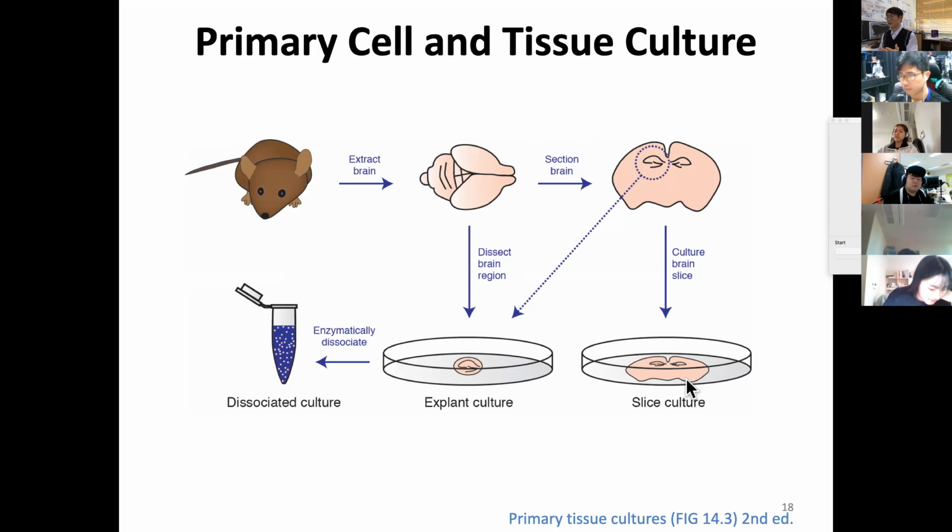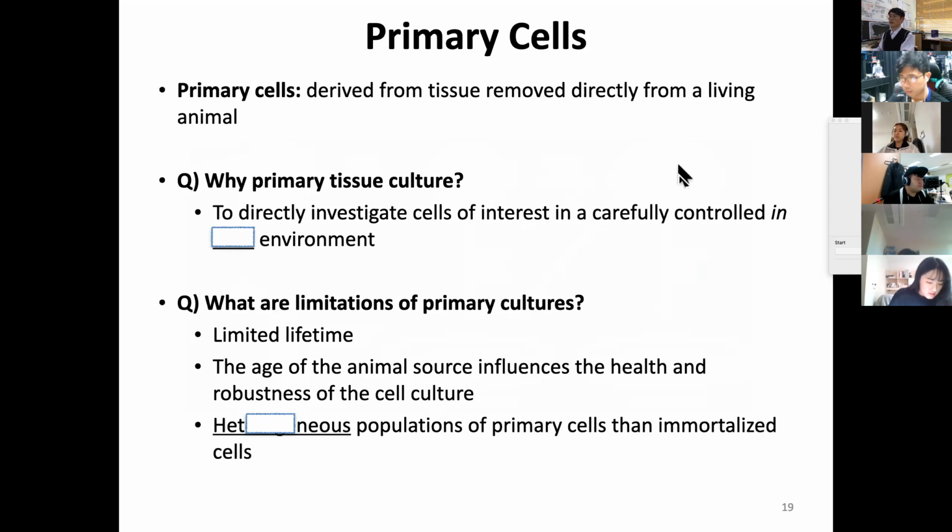So slice culture. Sometimes we culture this way, or we take out only the part of our interest and keep that part, called explant culture. Or we just chop that out and enzymatically dissociate. So dissociated culture. So these are three types of primary cell and tissue culture.